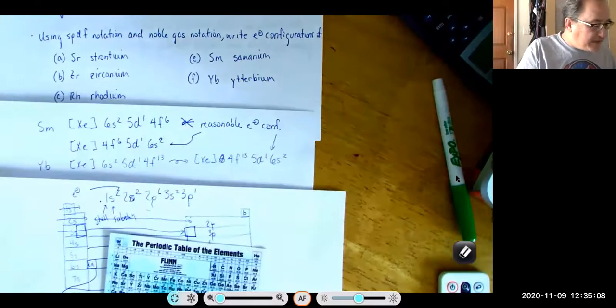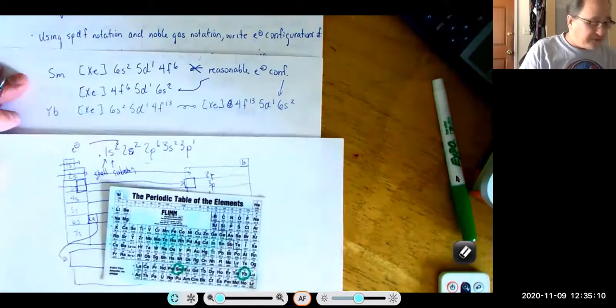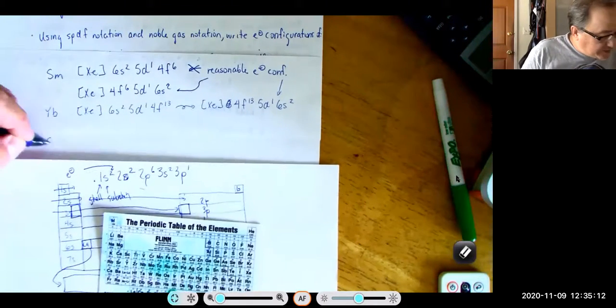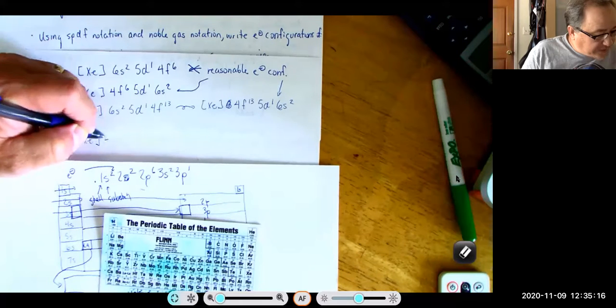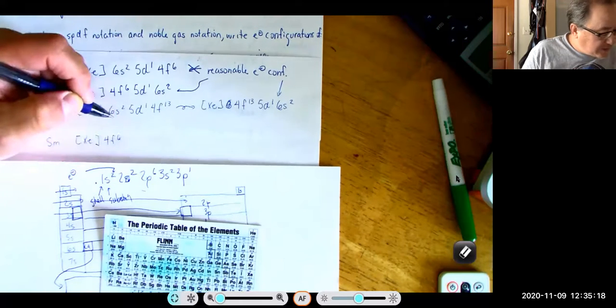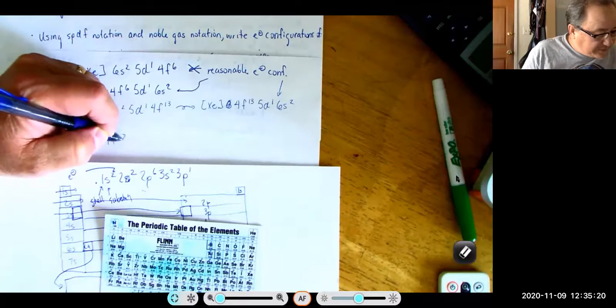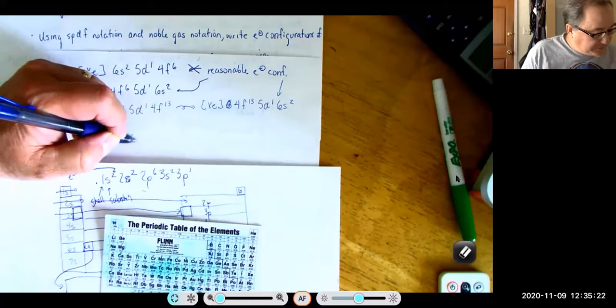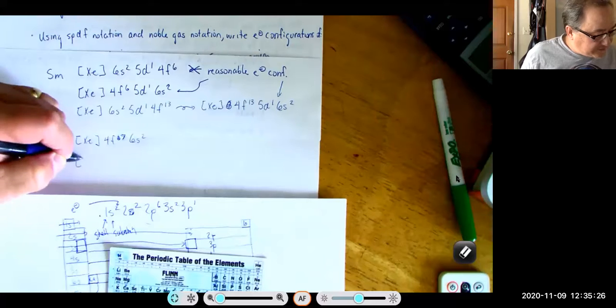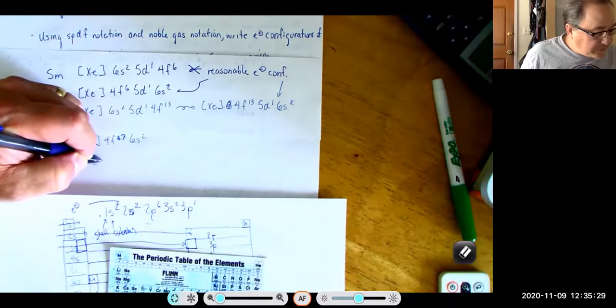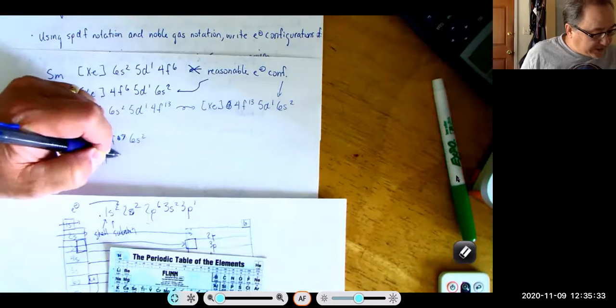Now, the fact of the matter is these electron configurations are probably different. So samarium is probably this, 4f6, 4f7, 6s2, and ytterbium is probably this, 4f14, 6s2.